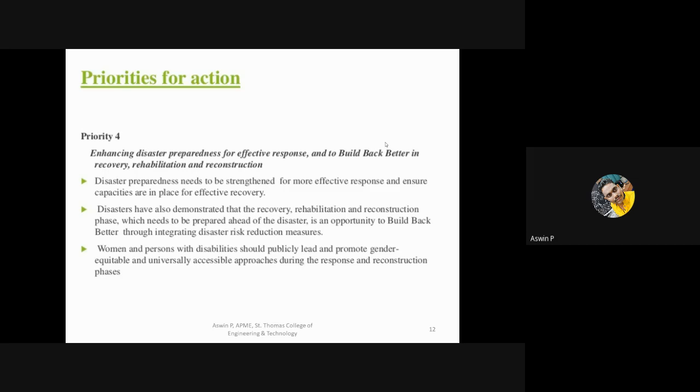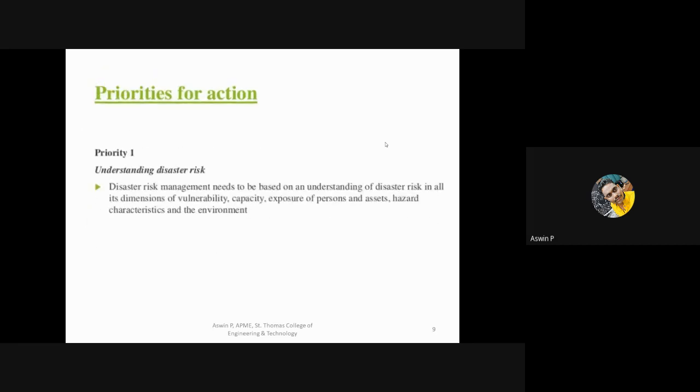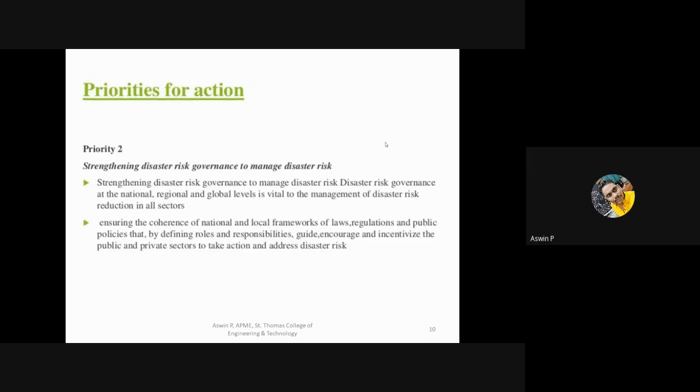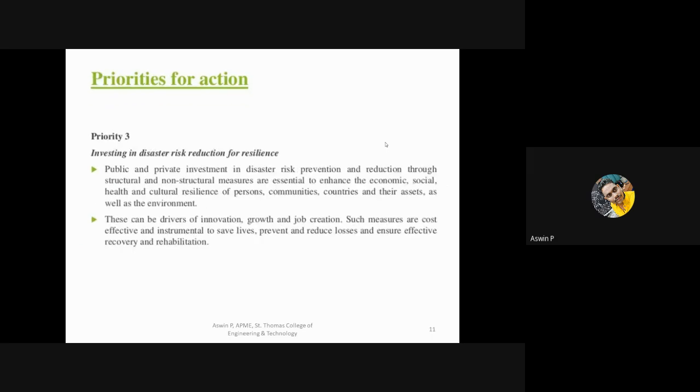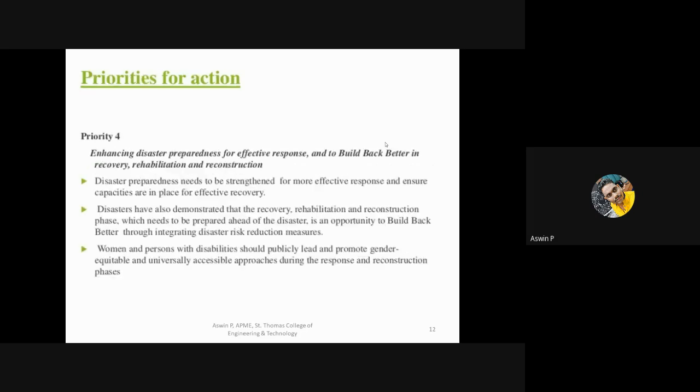There are four priorities, namely understanding the disaster risk, strengthening disaster governance, investing in disaster risk reduction for resilience, and finally enhancing disaster preparedness for effective response and to build back better in recovery and rehabilitation.